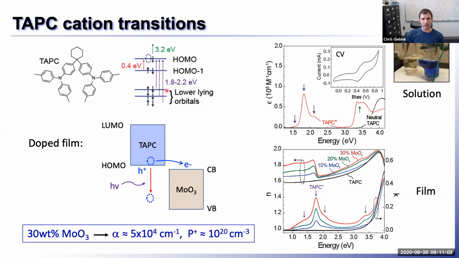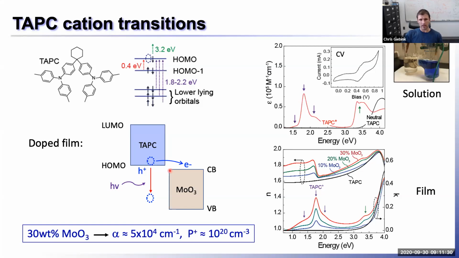The ones in the red are associated with excitation of electrons from lower lying molecular orbitals up into the partially vacant HOMO of the cation. And then this upper energy one in the UV is associated with the excitation of this remaining electron up into higher orbitals. And as I said before, you can create these polarons in the solid state by doping your TAPC with a strong electron acceptor like moly oxide.